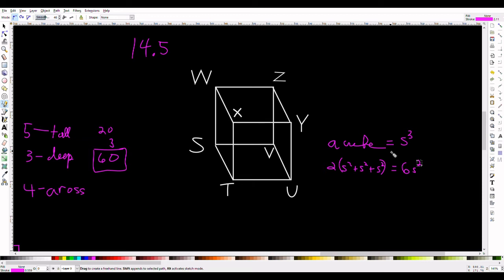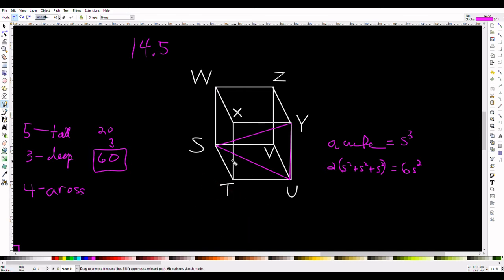And lastly, find the formula for the length of SY in the diagram, given that the figure is a cube with the side length of S. Now this is a good one. What is SY? Well, SY, let's take SUY and have a triangle. Okay.